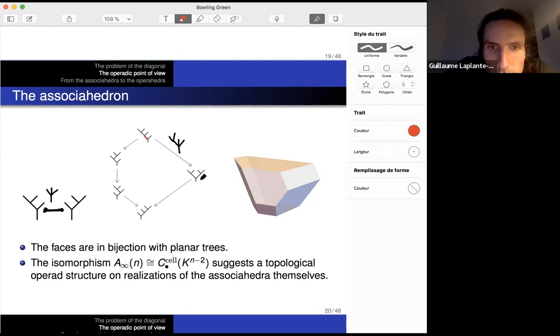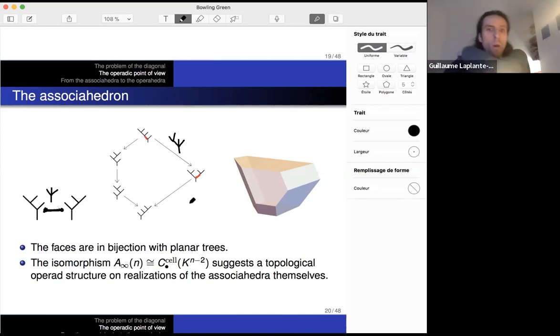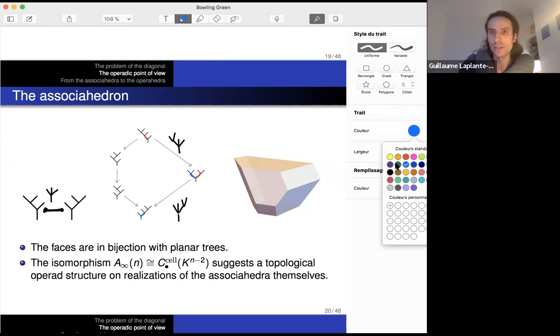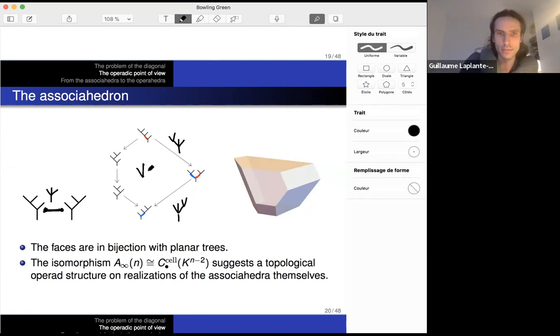And if you want the edge of the polytope on the opposite side, you would get this tree, because you would contract the other edge. And of course, you have the corolla indexing the two-dimensional cell.